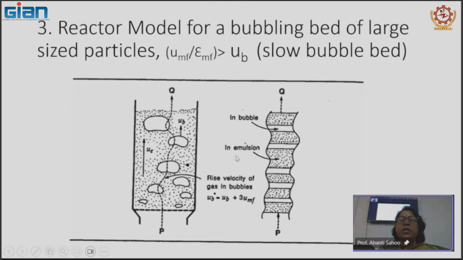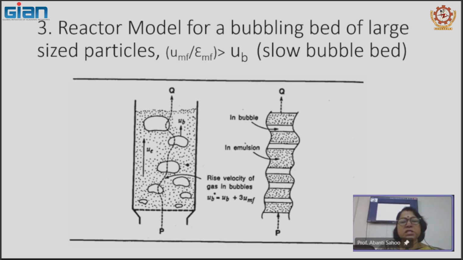means the bubble phase, whatever is there, it will be more, meaning layer-wise solid particles will be there; the entire cross section of the column will be filled with the bubble. As a result, one top solid layer will be there, another layer in the middle, and that way different layers will be there which are not in contact with each other. As a result, uniform mixing or uniform heat transfer and mass transfer will not occur.